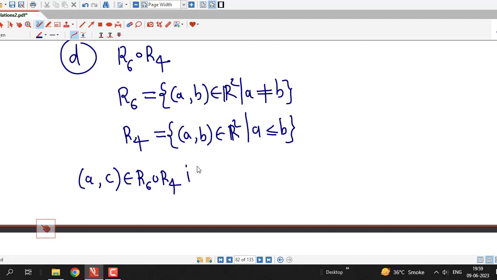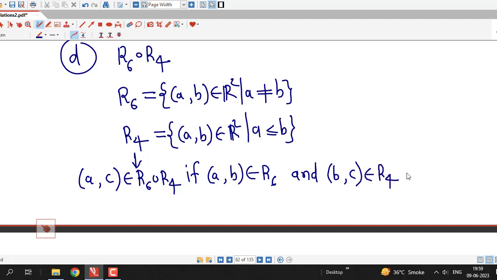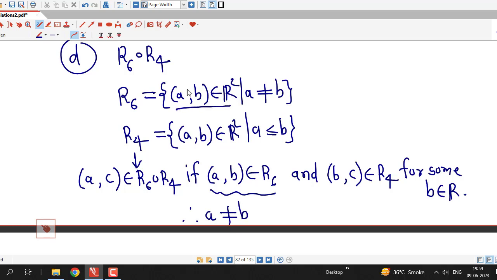This is true if there exists some real number b such that (a, b) is in the first relation R6 and (b, c) is in the second relation R4, for some b belongs to R. Now (a, b) belongs to R6 implies that a is not equal to b. (a, b) is in R6 if these two components are different or distinct. They are unequal, a and b are unequal, and (b, c) is in R4.